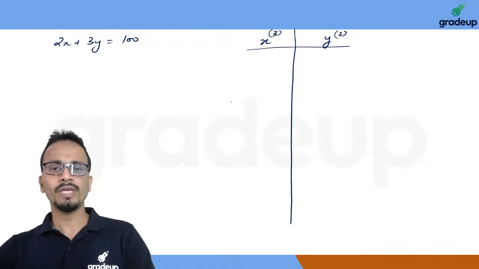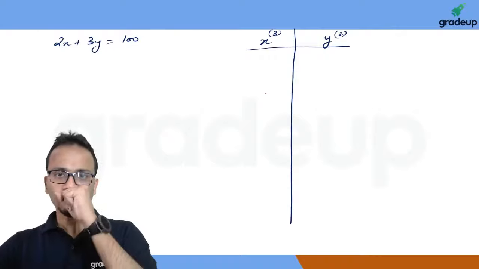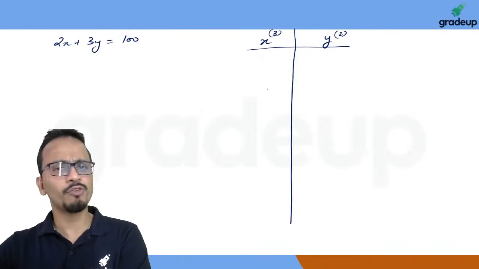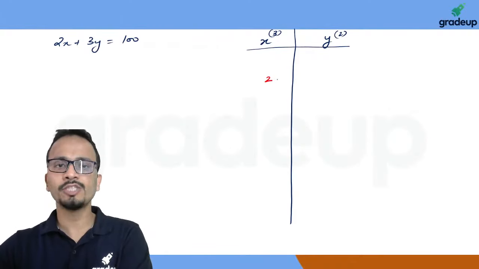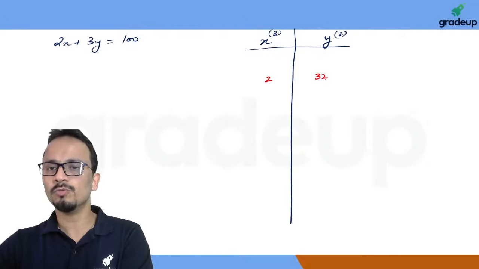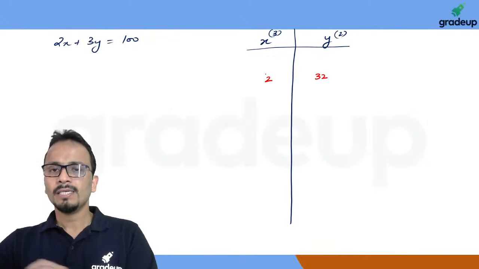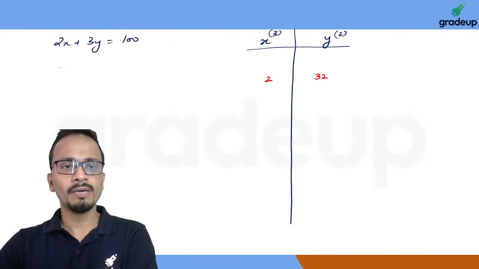All right, so let's write some of the solutions. I can start from the same number that we have seen earlier. If the value of x is 2, then the value of y will come out to be 32. Now here, first of all, I'll be talking about the number of whole number solutions.